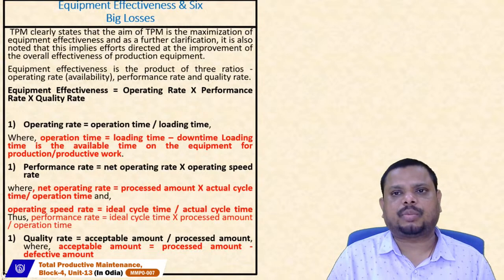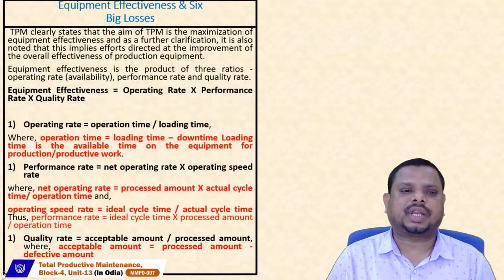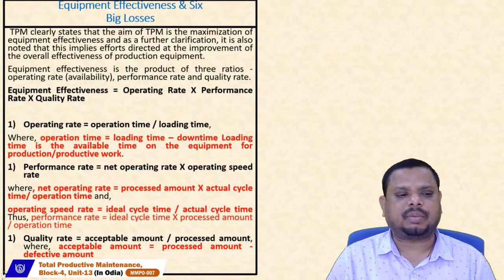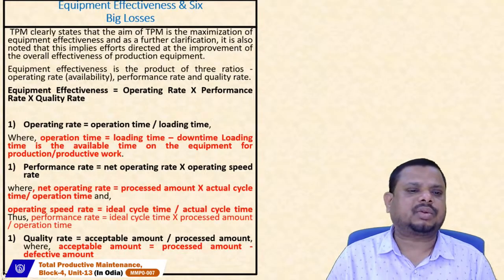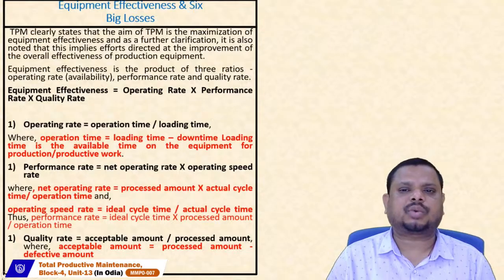So I repeat, equipment effectiveness is the product of three ratios: operating rate, known as availability, the next is performance rate, and the last one is quality rate. The mathematical expression of equipment effectiveness equals operating rate times performance rate times quality rate. So what is the formula for operating rate?